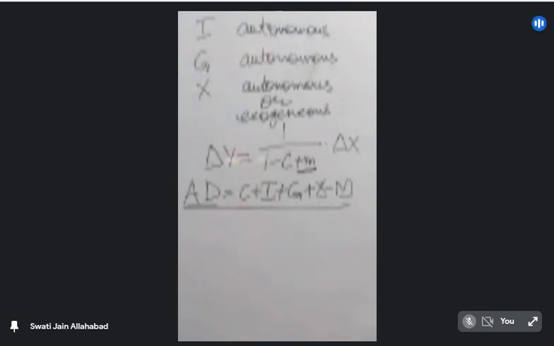Exactly. So now try to understand. Natural resources, output, maybe these two options are not exactly correct. Now, what is export?